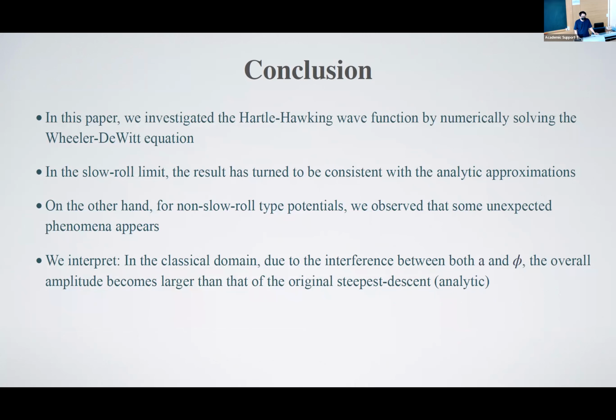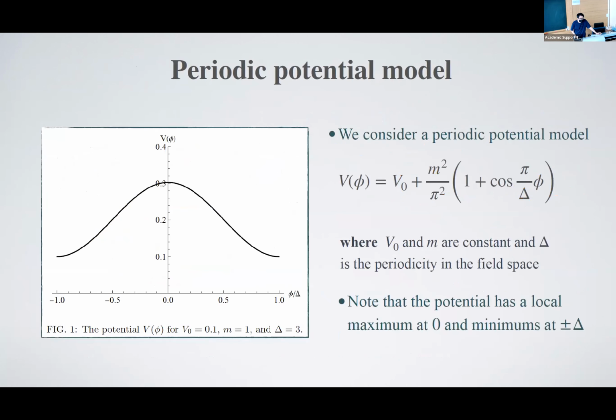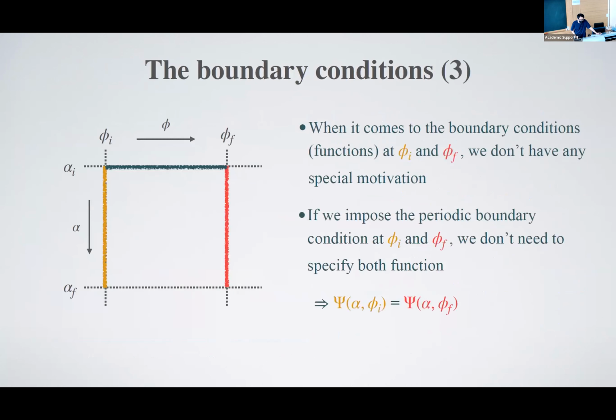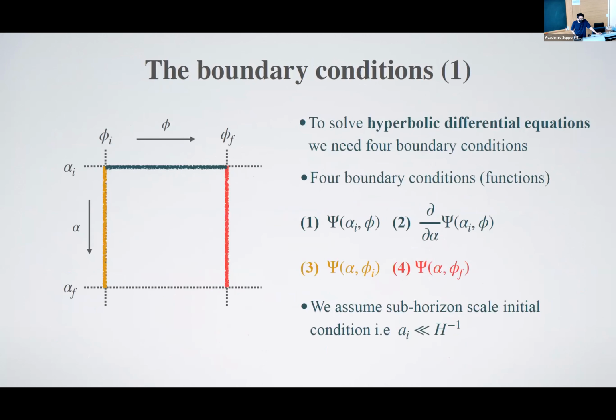So here you employ the Hartle-Hawking wave function as an initial condition. Yeah, right. Then what is the good result if you employ the Hartle-Hawking wave function rather than other boundary conditions? So I mean, this project is about the Hartle-Hawking wave function, which describes the no-boundary universe scenario, a very famous scenario by Hawking.